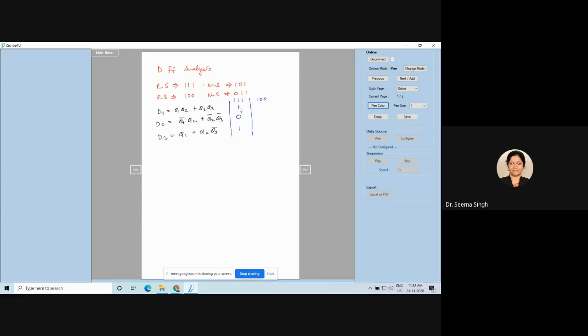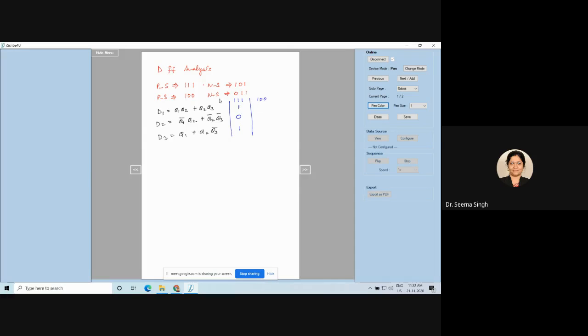And this is the working of D flip flop. D flip flop says that whatever is the input becomes the output in the next clock cycle. What is your input? It is D1. So D1 will become equal to Q1 in the next clock cycle.